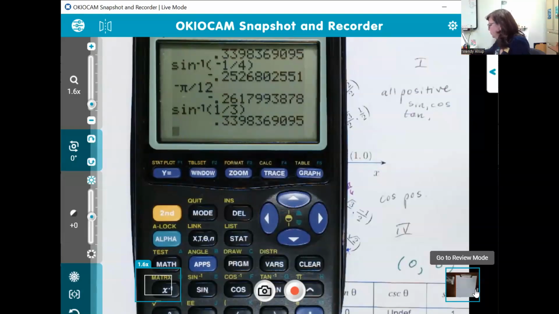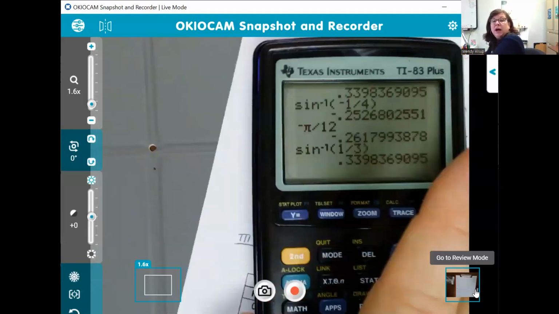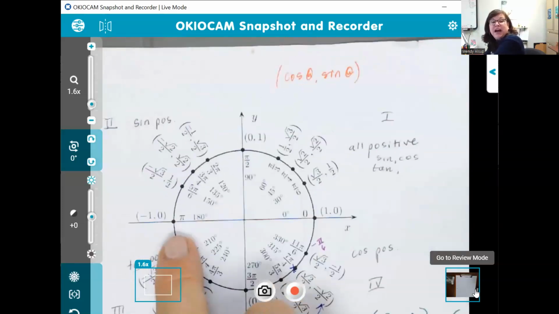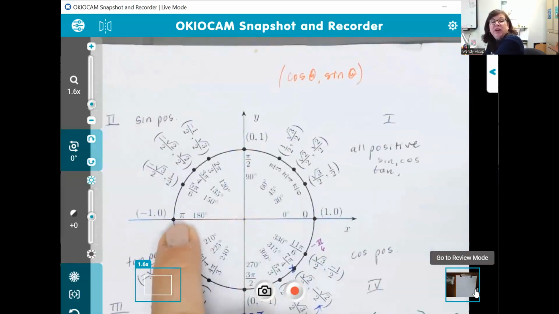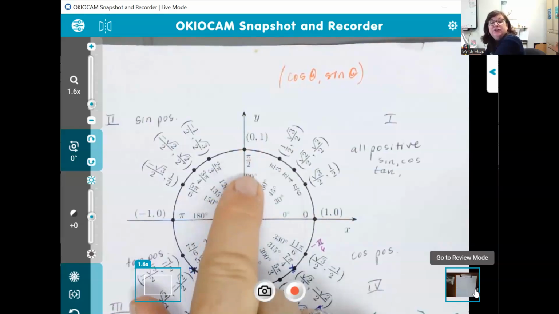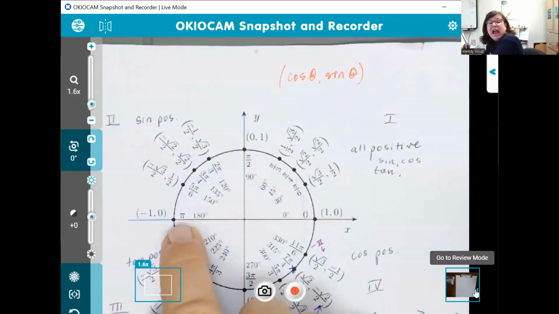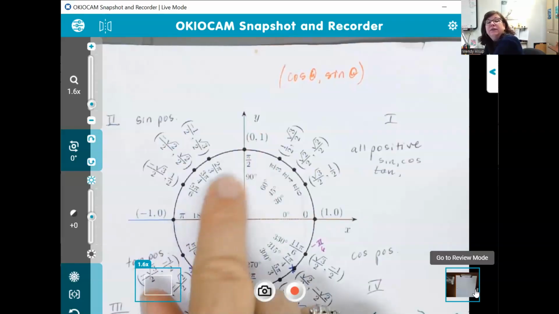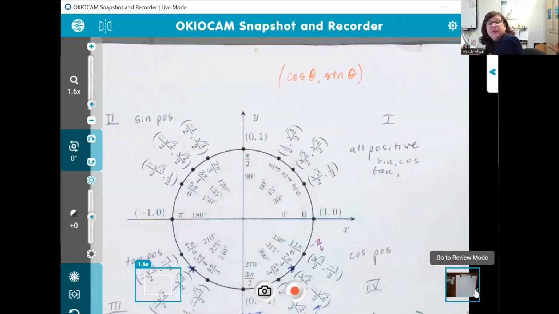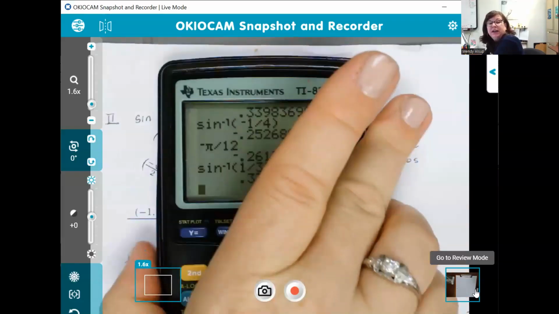Let's think about what 0.34 radians means. Remember that going halfway around is pi radians, and pi is 3.14, so pi over 2 would be about half of that. Pi over 3, what's pi divided by 3?